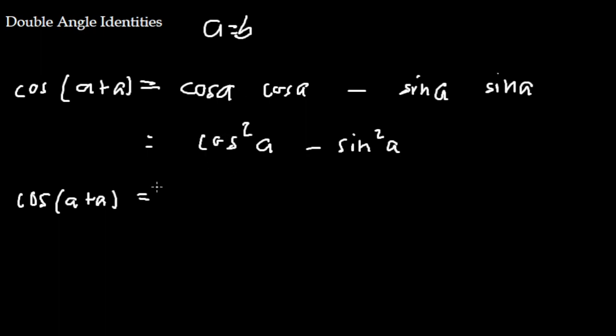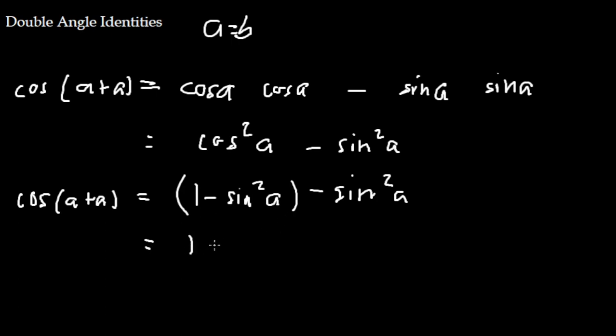So, this cosine squared of A based on our Pythagorean identity will become 1 minus sine squared of A, minus sine squared of A. And it's just a matter of simplifying. 1 minus sine squared A minus sine squared A, so it's just like saying 1 minus 1 will give you negative 2 sine squared of A. Now this is our second.